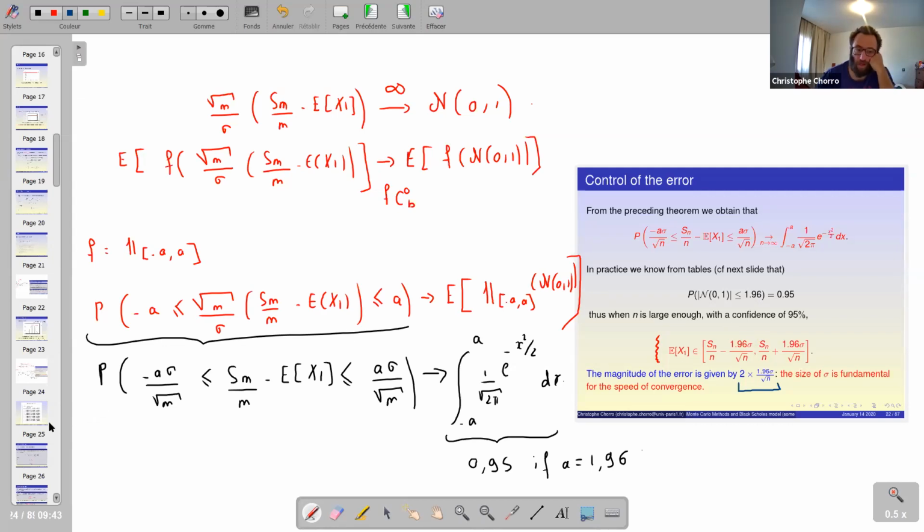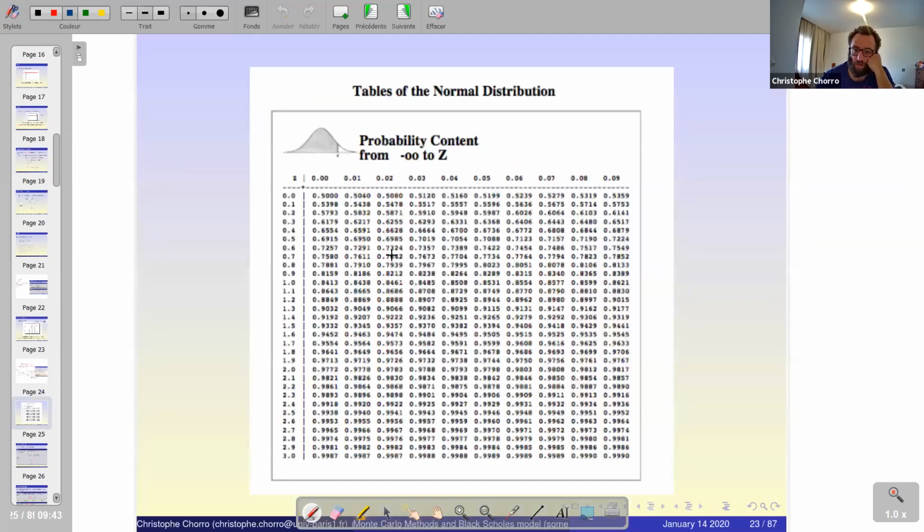Here I have just reported the table of the distribution function of the N(0,1), to show you that it's the table I use in order to obtain what I want.